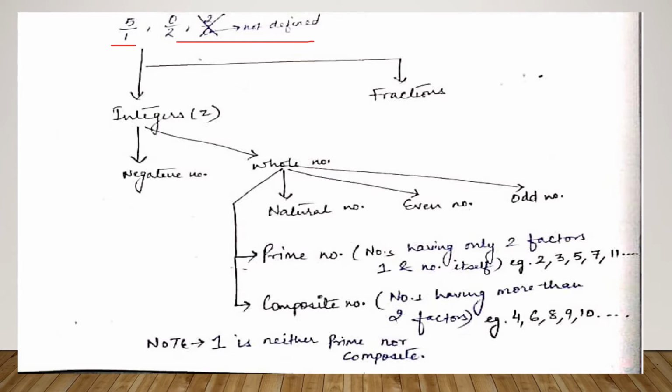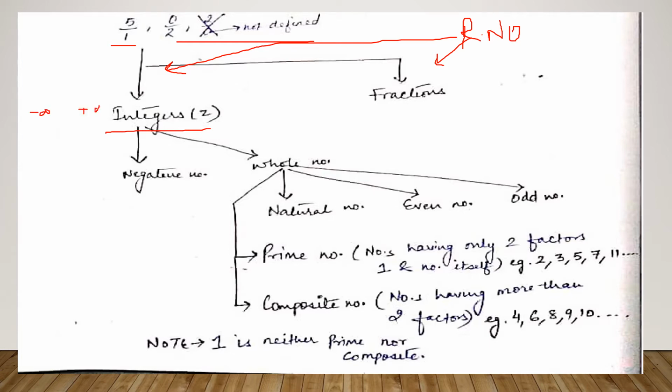Now, a rational number can further be divided into more types: we can divide rational numbers into integers and fractions. So what are integers? Integers we all know, the counting numbers that we have normally seen, but going from minus infinity to plus infinity.